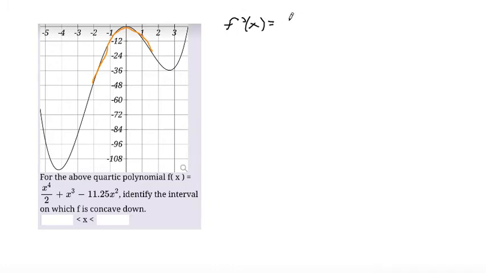And using the power rule, we get 4x to the power of 3 over 2 plus 3x squared minus 11.25 times 2 is, let me just make sure, 22.5. So 22.5, and then x to the power of 1.